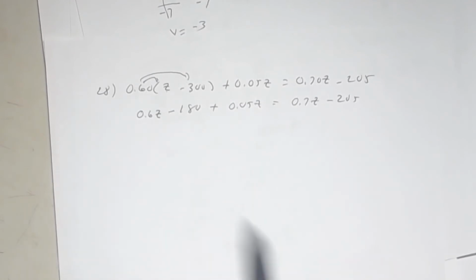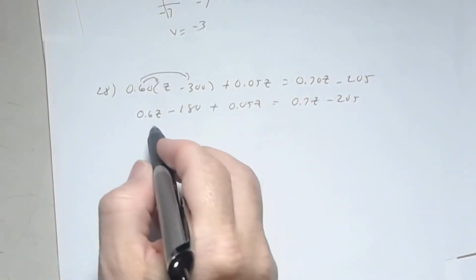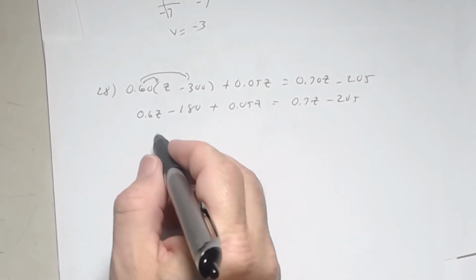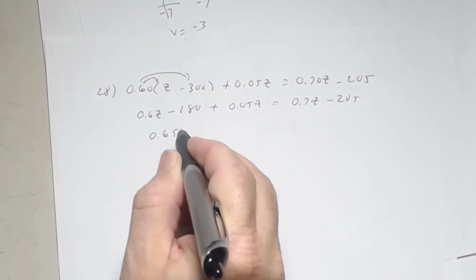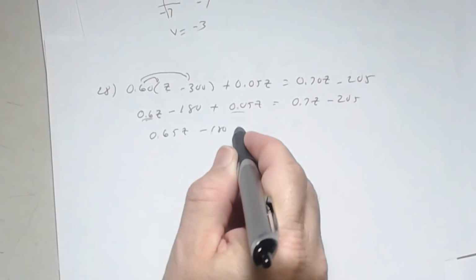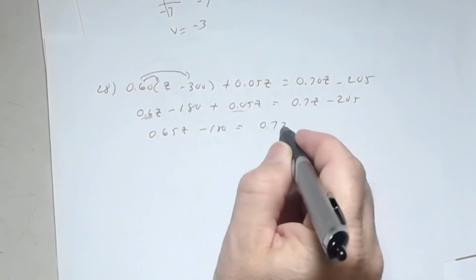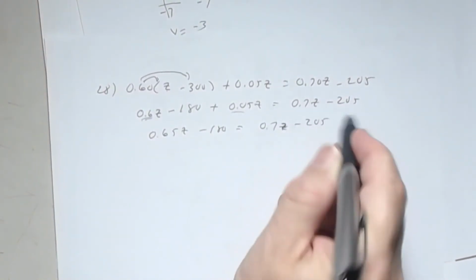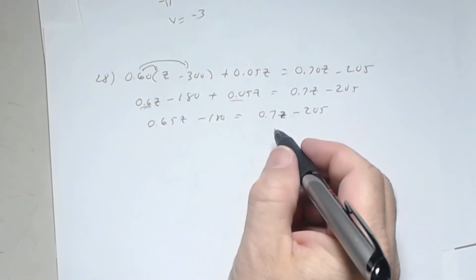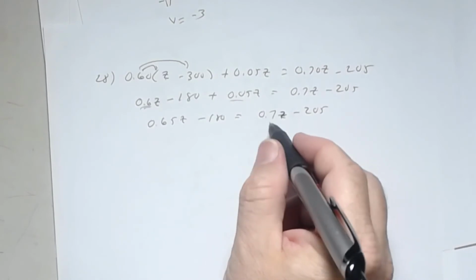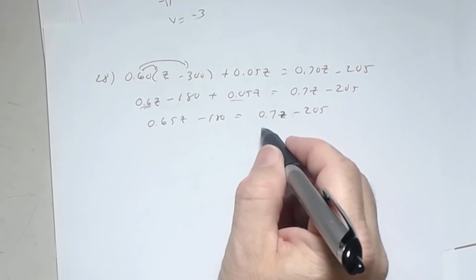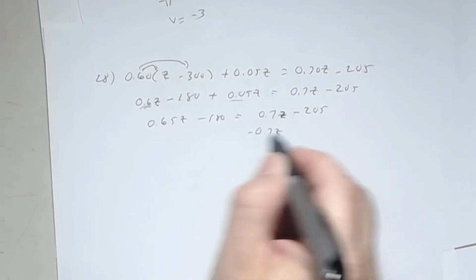Okay, what's the next step? Combine like terms. So 0.6 and 0.05 is 0.65z, is that correct? Minus 180 equal 0.7z minus 205. All right, what's the next step? What do y'all think? Okay, so subtract 0.7z from both sides.